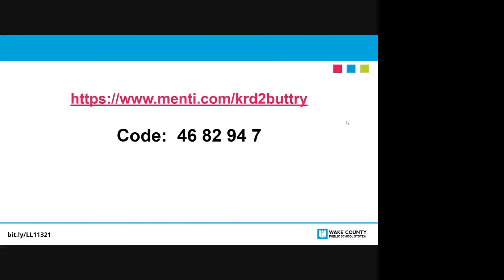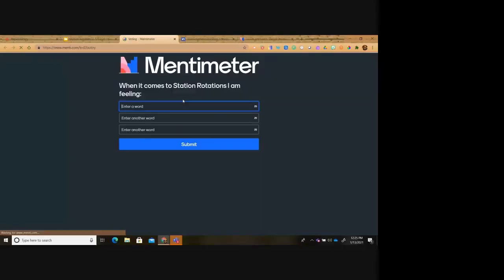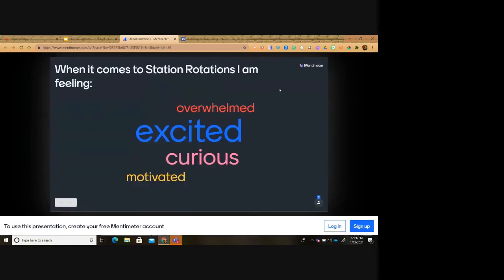So with that, we've got another Mentimeter. This time you're going to click the link, and it's going to ask you, when it comes to station rotations, I am feeling, and you can enter up to 3. You don't have to enter 3, but you could enter 3 words to describe how you're feeling.